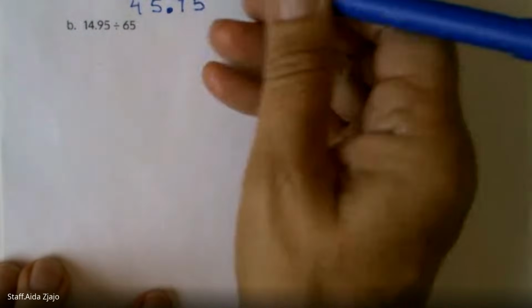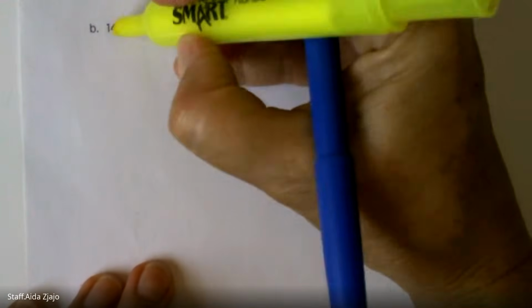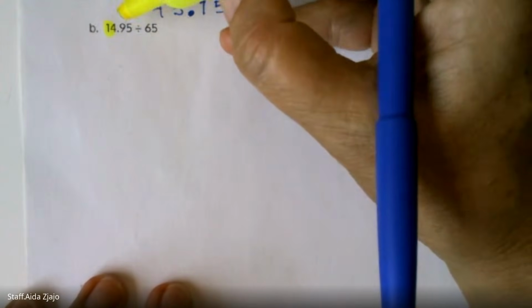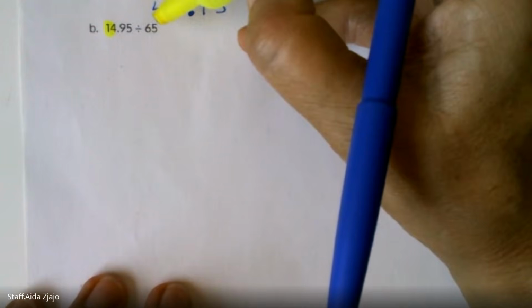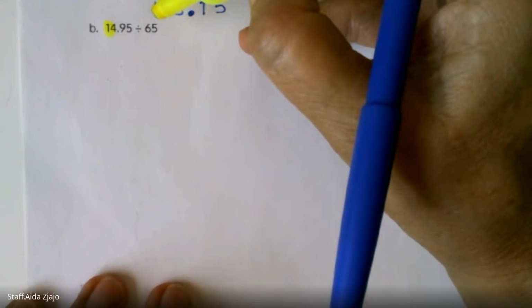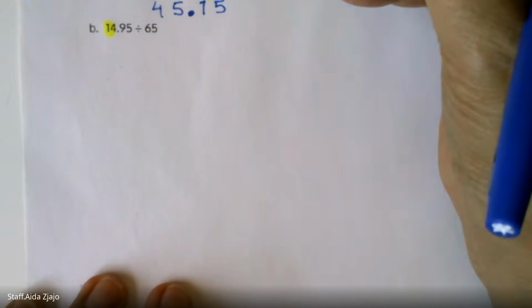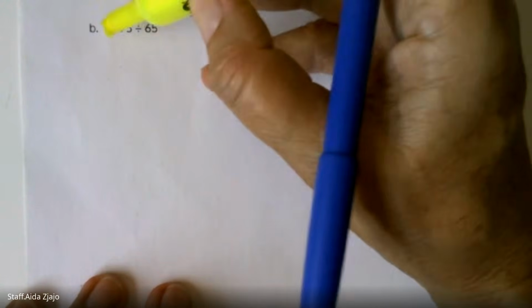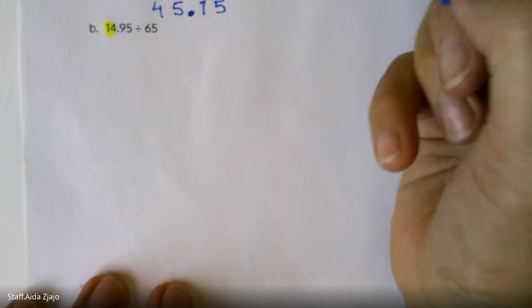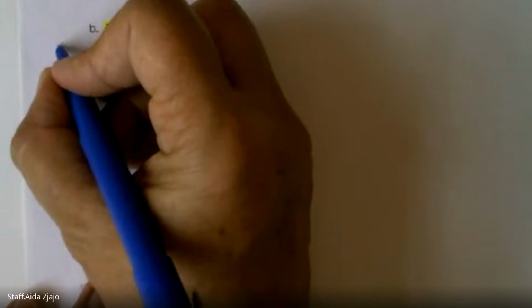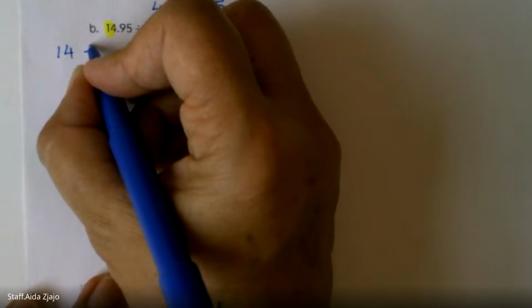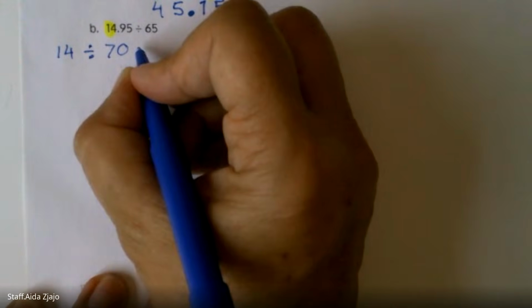Okay, so now I'm going to do 14 and 95 hundredths divided by 65. I'm thinking 65 is about 70, so 7 and 14 are connected. So I can really think about this as 14 divided by 70.